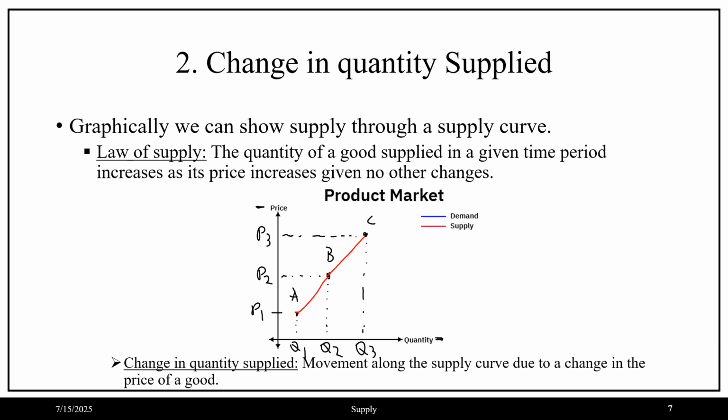And then this gives us points A, B, and C, which is an upward sloping curve, the supply curve, and shows that as price increases, quantity supplied increases, or that there's a positive relationship between price and quantity. This is different than the demand curve where we saw there was a negative relationship between price and quantity.